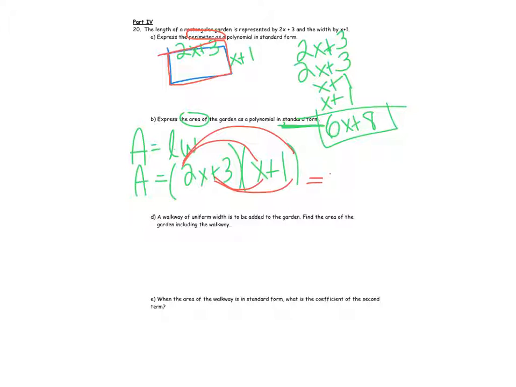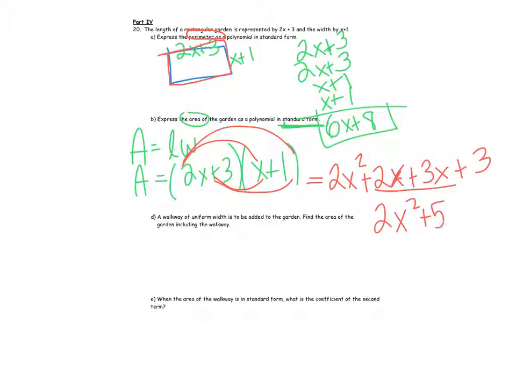So I'm left with 2x squared plus 2x plus 3x and then plus 3. When I simplify this, I'm going to combine like terms. I have 2x squared plus 5x plus 3. And that's my area of the garden.